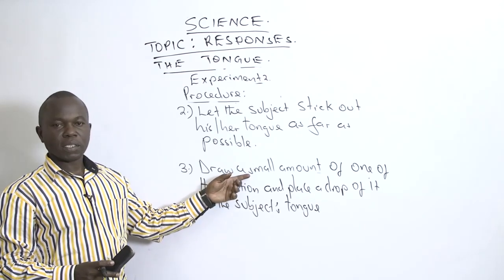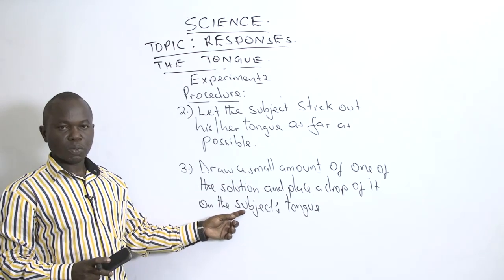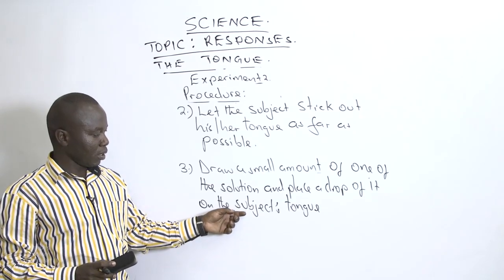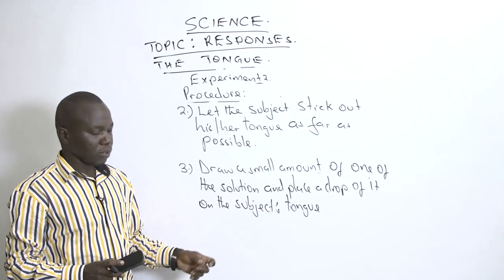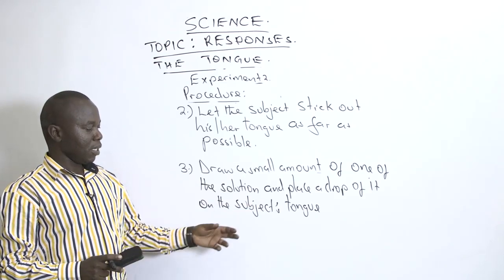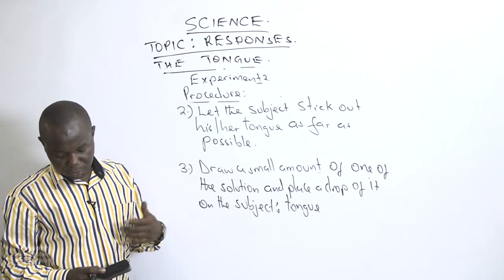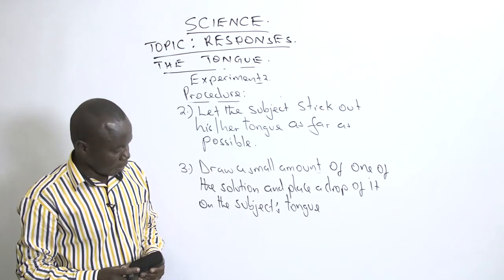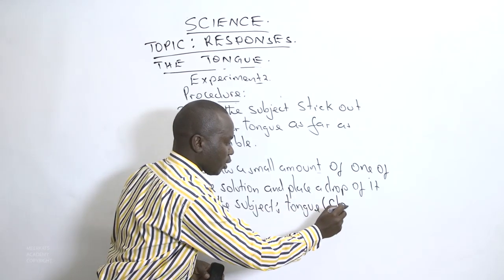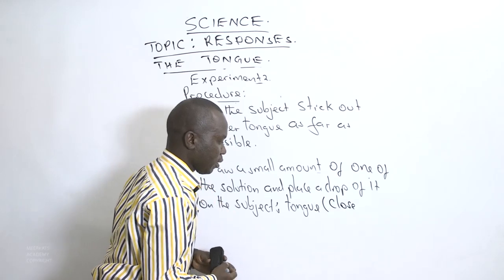But you should also ensure that the subject is not able to know the solution that has been drawn. Let the subject not know the solution. For this case, you can ask the subject to close the eyes during the experiment.